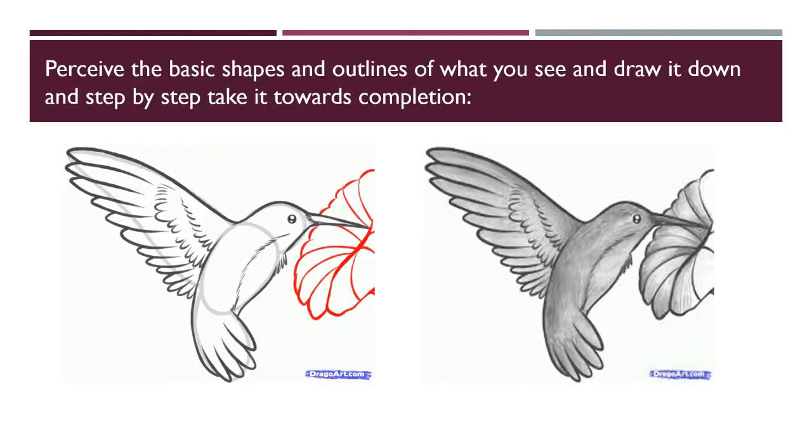Perceive the basic shapes and outlines of what you see and draw it down, and step by step take it towards completion. In the same way, if you have this reference in front of you, this would be the basics that you would do. You would draw the outlines and then you would go towards detailing it.